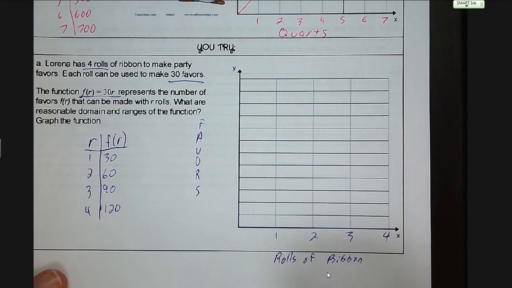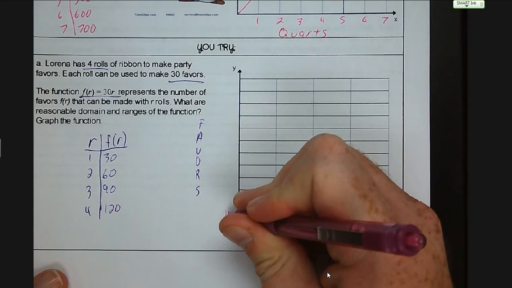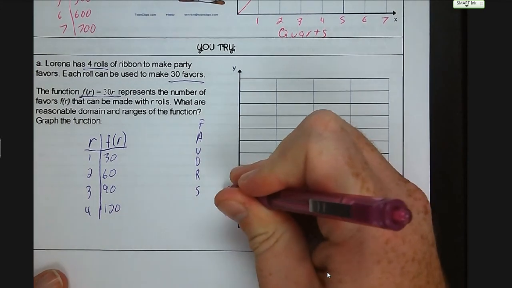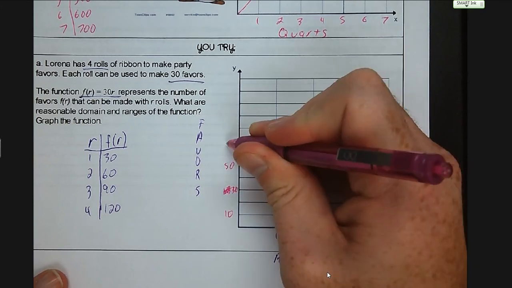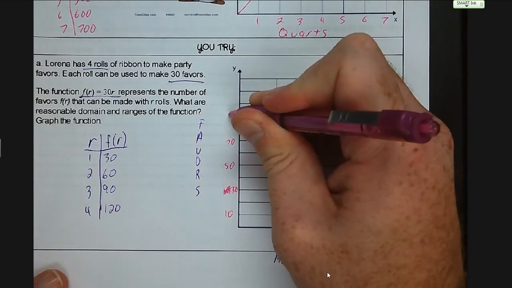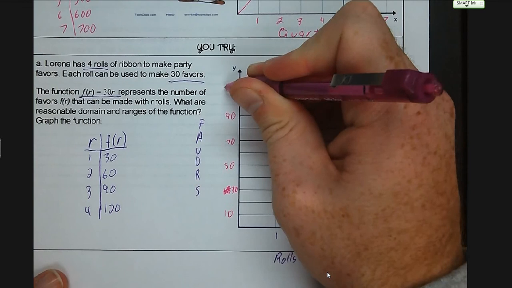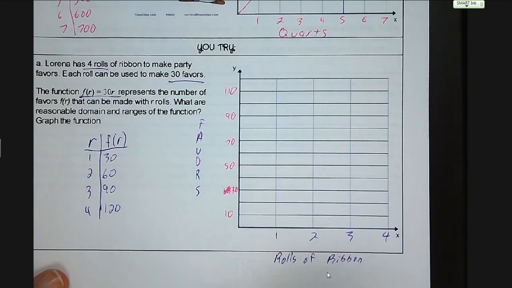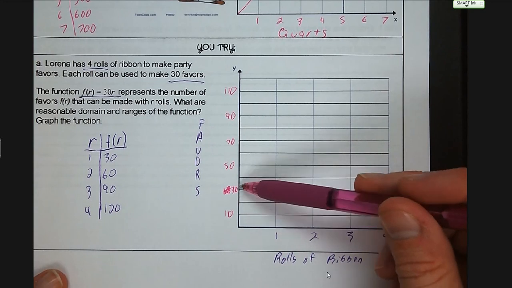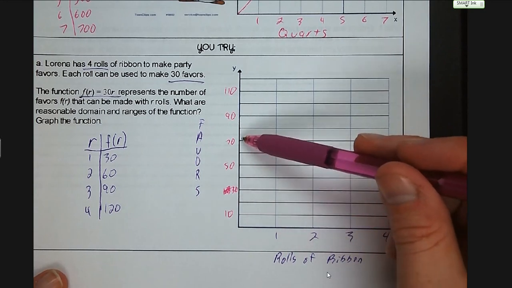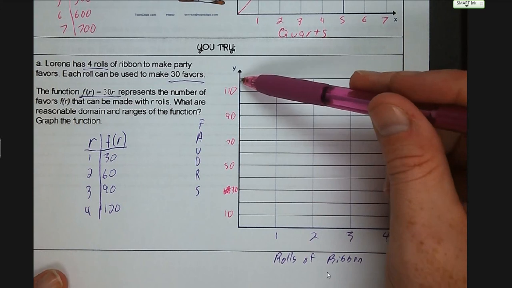So I need to label my scale, so I'm going to go by tens. And I'm going to write just every other number so my graph is not as cramped. But you'll see each line goes up by 10. So 10, 20, 30, 40, 50, 60, 70, 80, 90, 100, 110, 120.